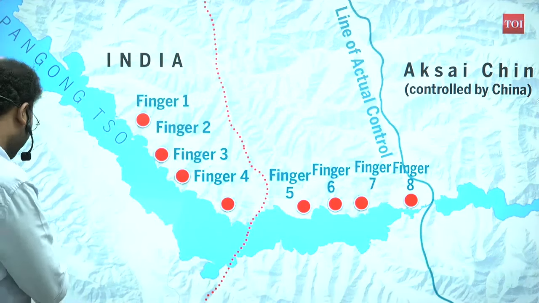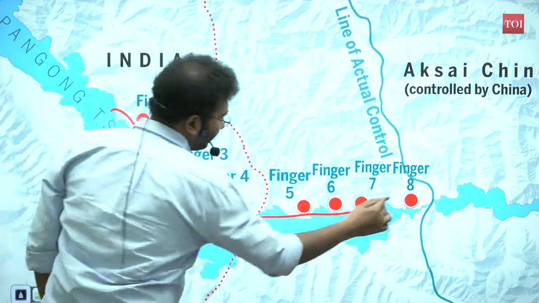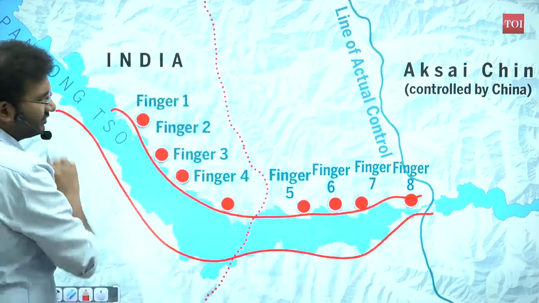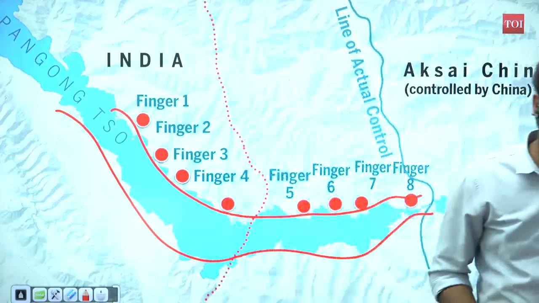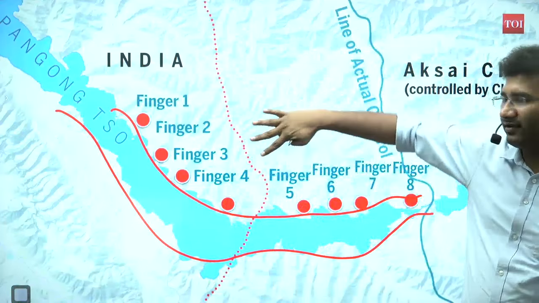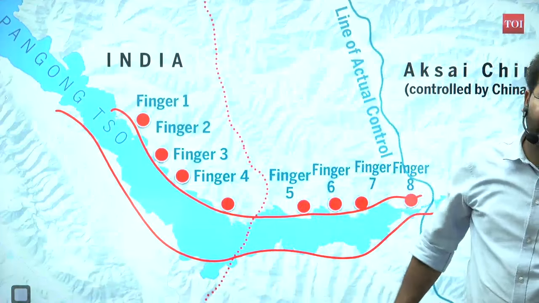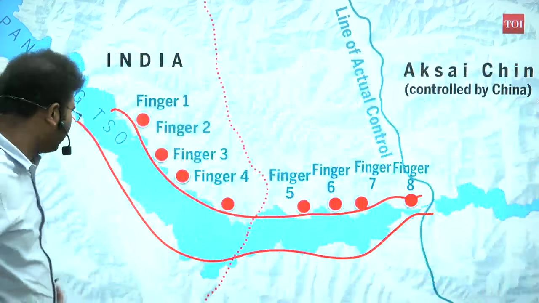So this is your Pangong Tso Lake. Across this Pangong Tso Lake, we have some disputed territories, and these disputed territories are called finger points. Now why finger points? When you see from the satellite, they look like fingers of a hand. That's it. Nothing beyond this, I think you should know.